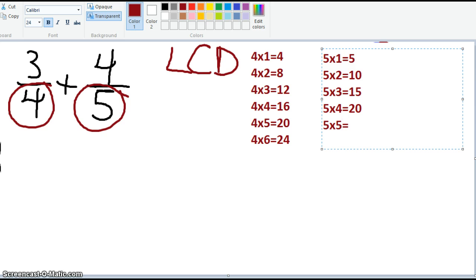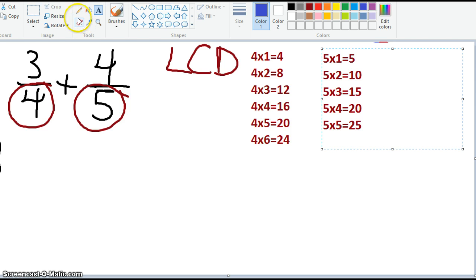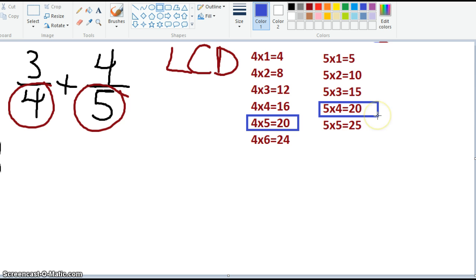Let me just start with these just to see if there's any common denominators. Well, good news. If I look through this list fairly quickly, what I find is that now I actually have 2 numbers that exist on both sides. 4 times 5 happens to be 20, and 5 times 4 happens to be 20.